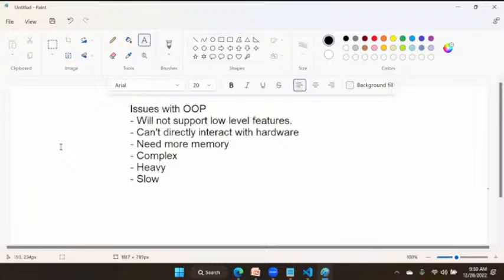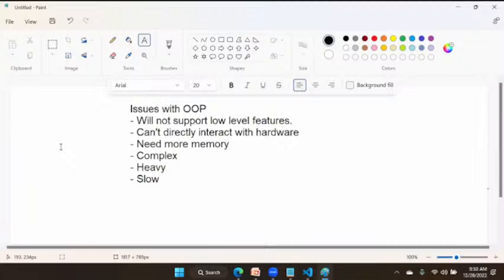And remember, to interact with hardware, they need the support of a low-level language. But interesting about TypeScript, TypeScript can directly interact with hardware. It's not like other OOP languages. Because TypeScript is built with TypeScript, it can be directly understood by the operating system.